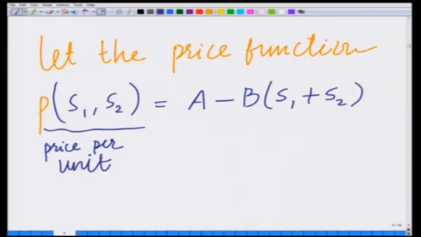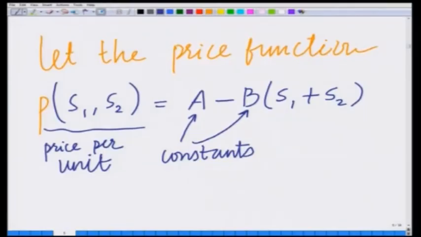So, what were we saying? The price per unit of good is A minus B times S1 plus S2, where A and B are positive constants that depend on the particular good and the market.